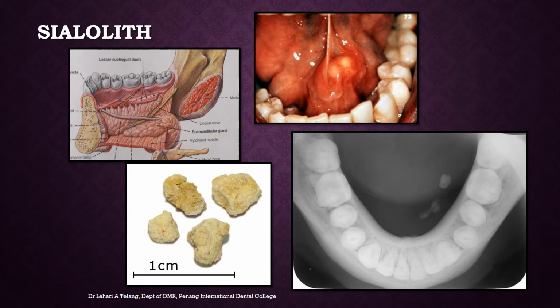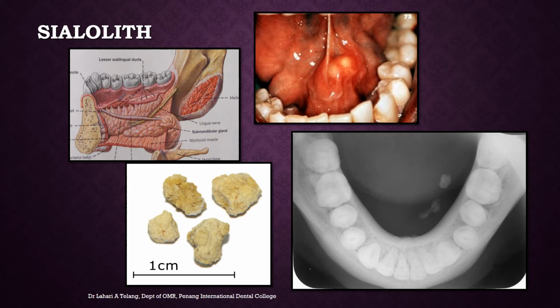A sialolith is a common occurrence in the submandibular salivary duct. We are aware that the reason Wharton's duct is a more common location is because of its tortuous course and location, and also the components of the saliva that is secreted by the submandibular salivary gland itself.